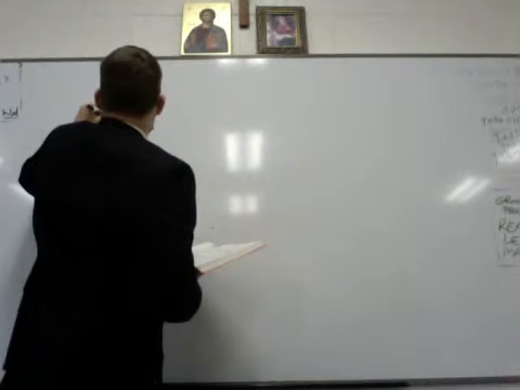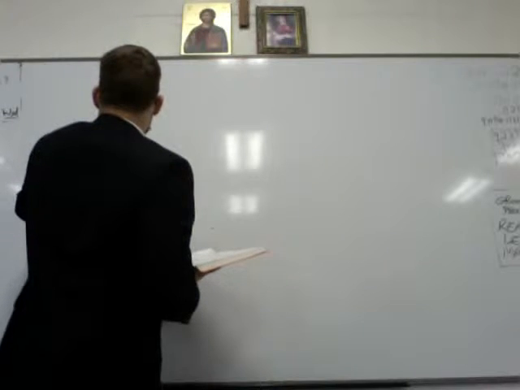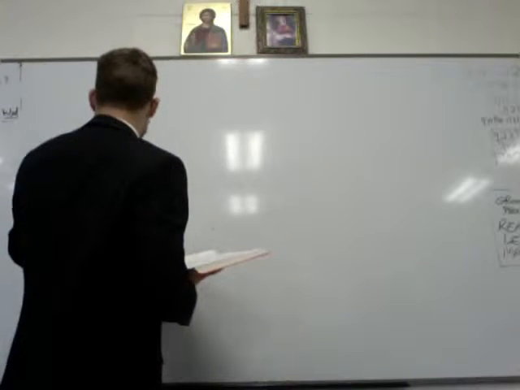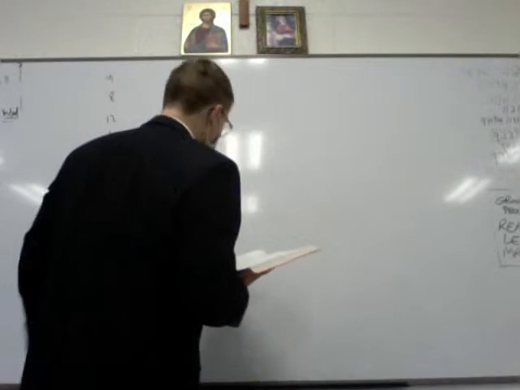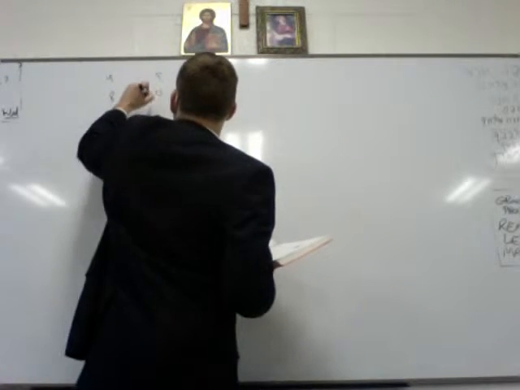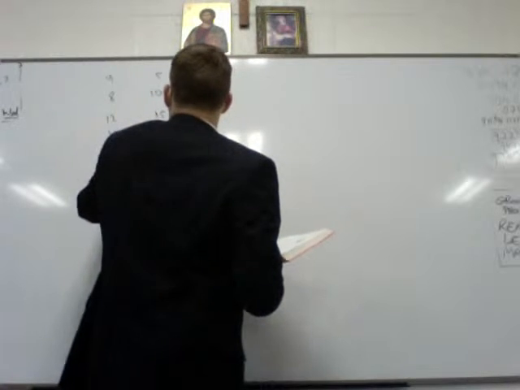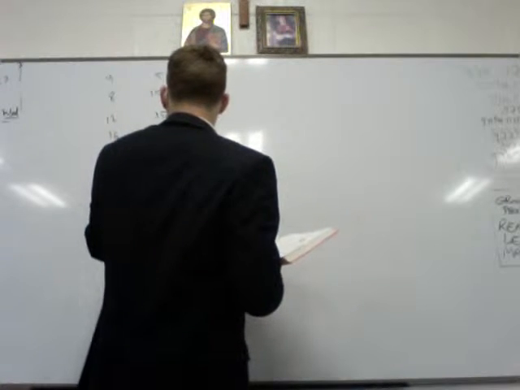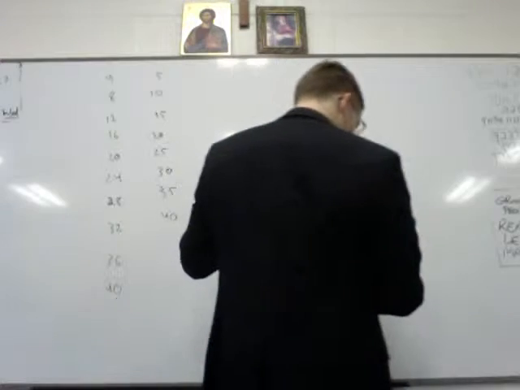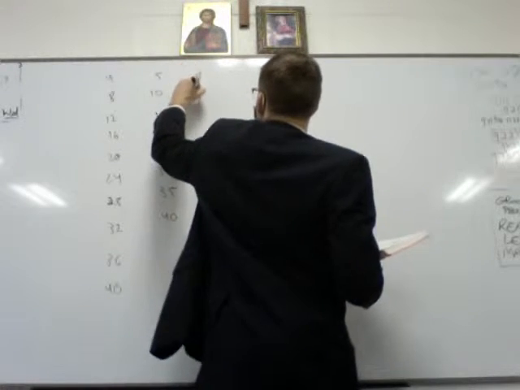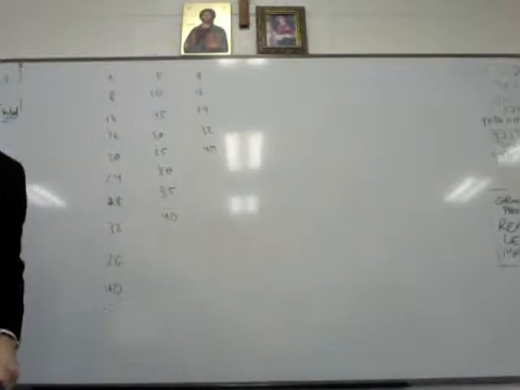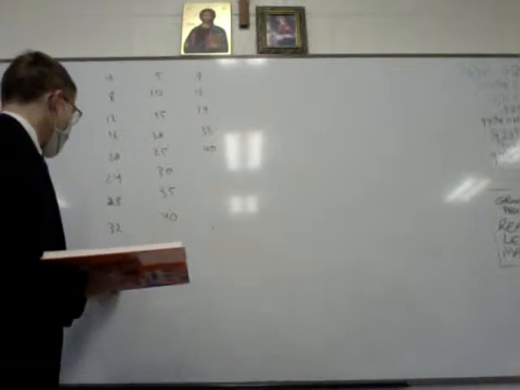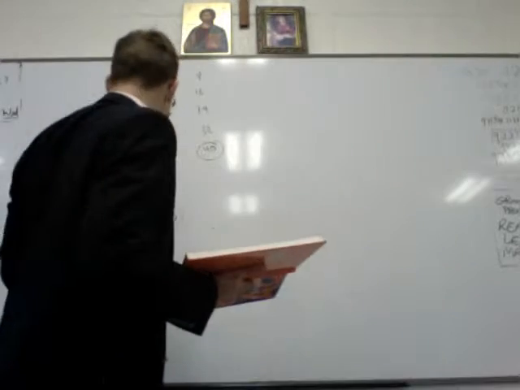We've got 4, 8, 12, 16, 20, 24, 28, 32, 36, 40. 5, 10, 15, 20, 25, 30, 35, 40. And then 8, 16, 24, 32, 40. Look, in terms of multiples of these numbers, this is the smallest one that they share in common.